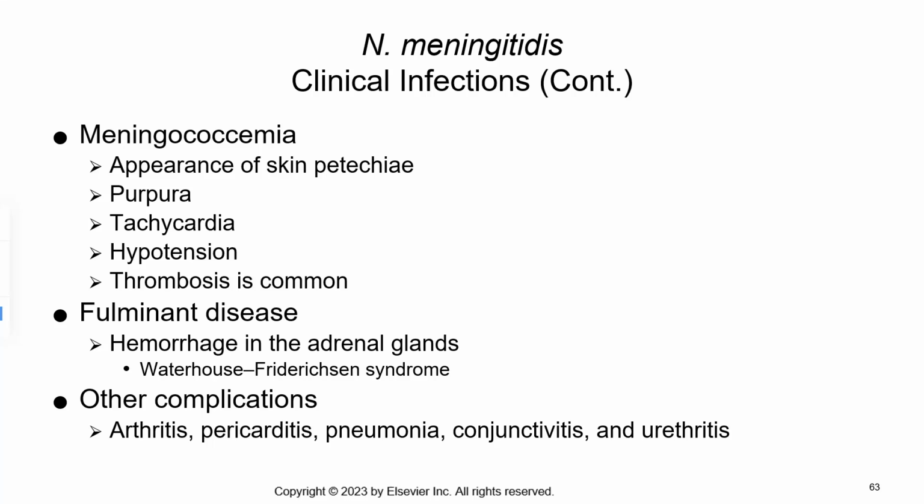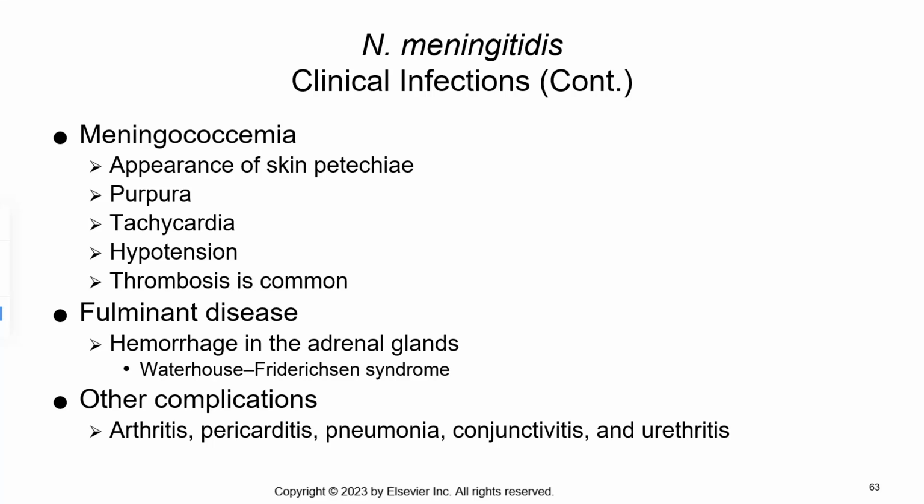Fulminant disease: hemorrhage in the adrenal glands. Other complications include arthritis, pericarditis, pneumonia, conjunctivitis, and urethritis. So arthritis is referring to inflammation of the joints. Pericarditis: peri means to surround something, carditis refers to the heart, so surrounding the heart.